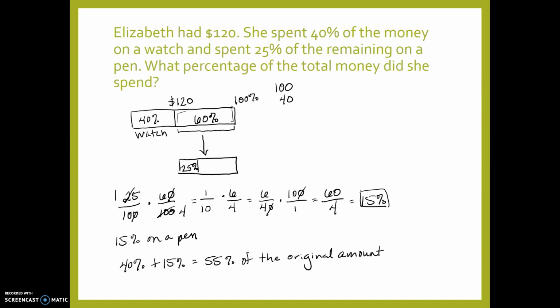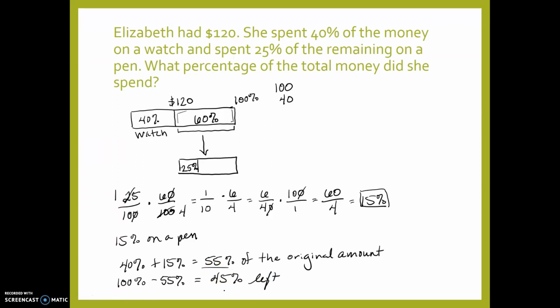Now, we don't have to go through this whole multiplication routine to find out how much she had left, right? Because we can just take 100%, and we already know how much she spent, it's right there, and subtract that from 100%. So 100% minus 55%, and that's going to give us 45% that she has left.